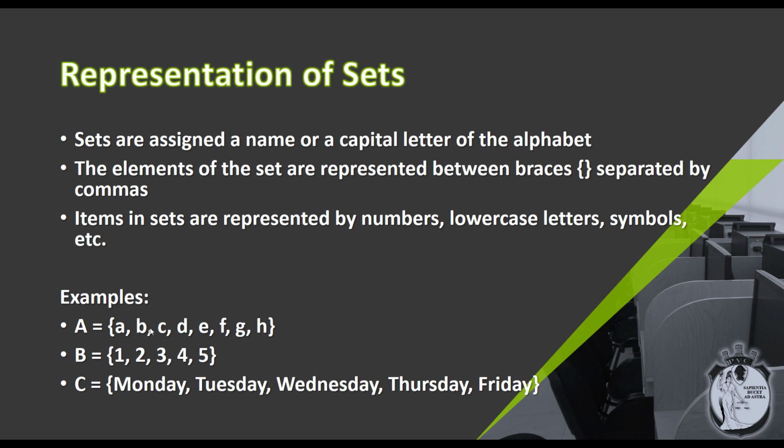Okay, like here, all the elements are between braces and separated by commas, and the items in the sets are represented by numbers, lowercase letters, symbols, etc. Okay, these are some samples. For example, the set A equals A, B, C, D, E, F, G, H. The set B equals 1, 2, 3, 4, 5. The set C equals Monday, Tuesday, Wednesday, Thursday, Friday.